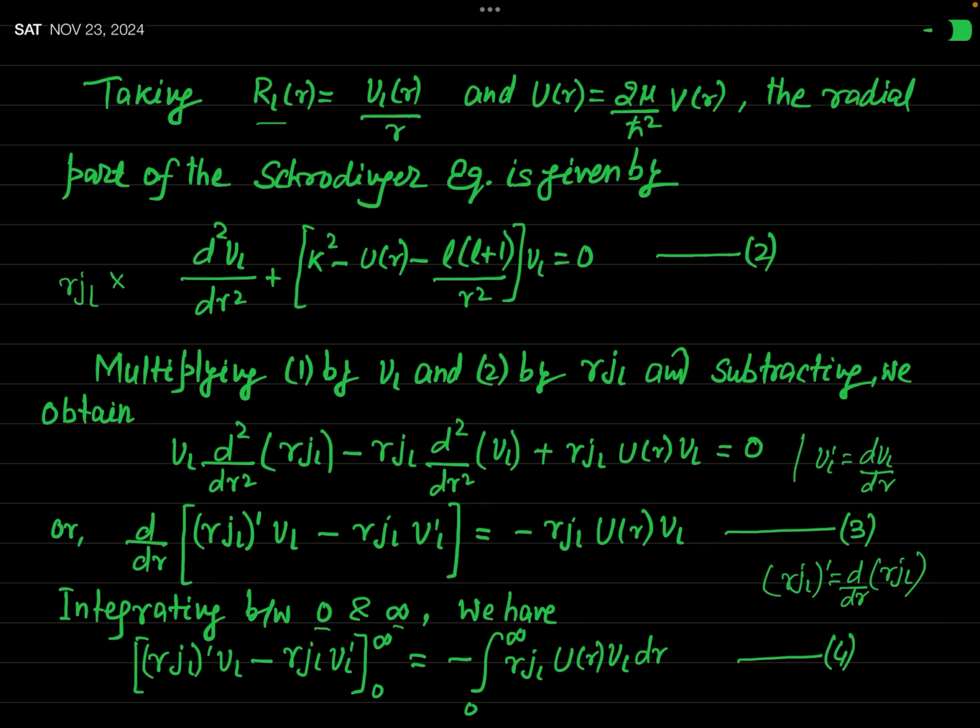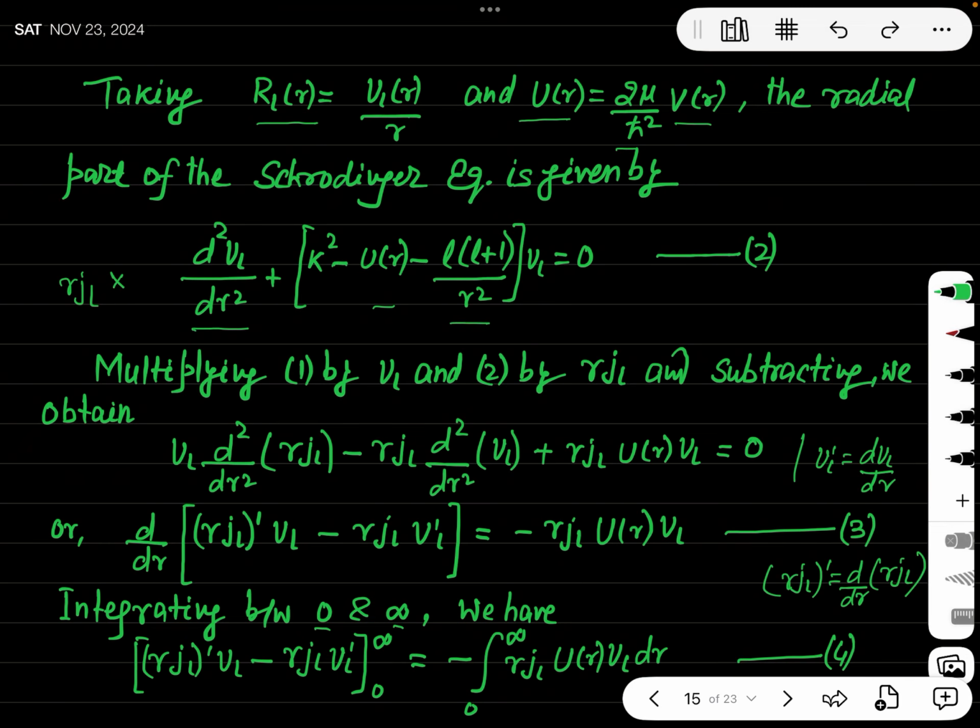You know the radial wave function R_l of r, if you define it like v_l of r over r, and you consider a potential function U of r defined by 2 mu by h bar square times V of r, and make these two substitutions in the radial part of the Schrodinger wave equation, then we simply get that our equation becomes d2 v_l by dr square plus k square minus U of r minus l times l plus 1 over r square times v_l equal to 0.